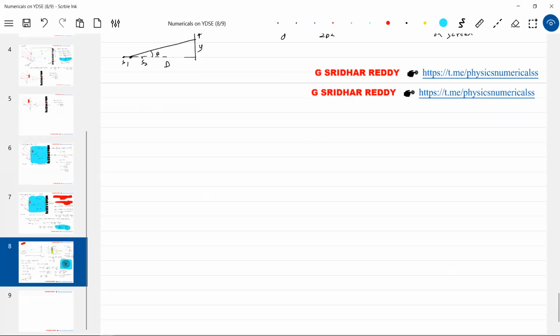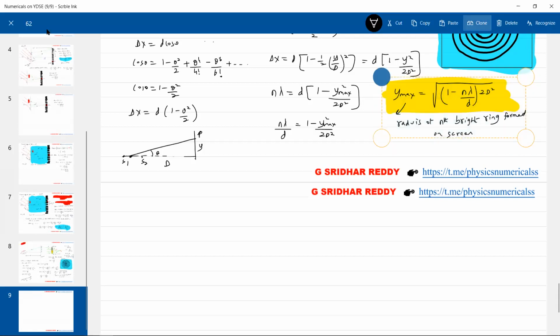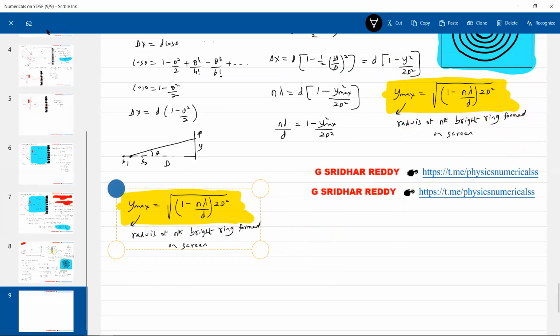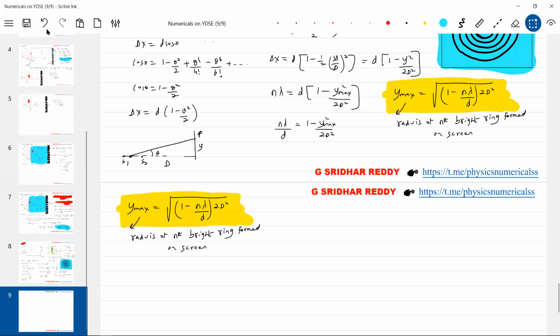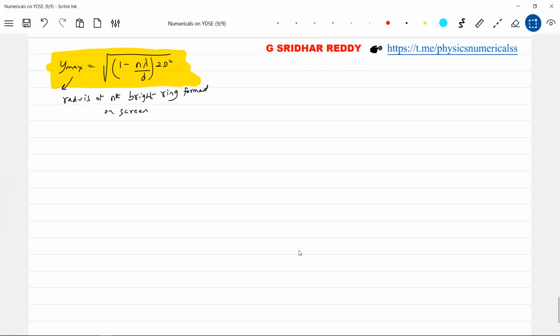So let's discuss that particular formula slightly, because the numericals are based on this end formula now. Nobody will ask you to derive this, but the end formula, the interpretation of that matters a lot. Now look at this diagram.